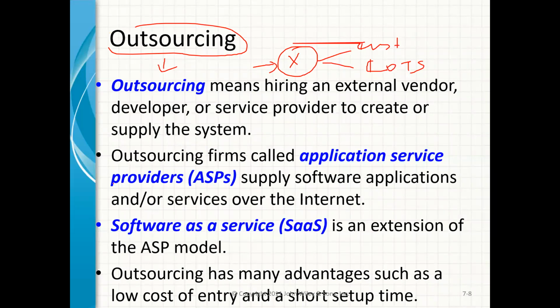So outsourcing firms or companies are also called application service providers. And you can also get this concept of software as a service. This is common and very important. When you acquire the system as a service, what does it mean? It's just a subscription. For example, if you buy Zoom, now we're using a free version, but if you need to buy Zoom, you can't have it as your own application.